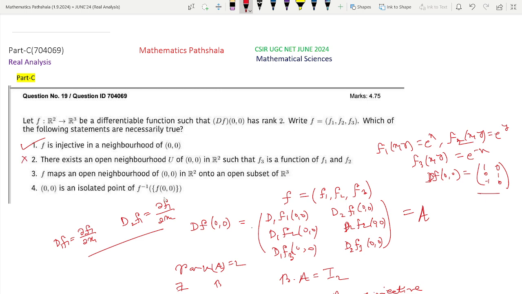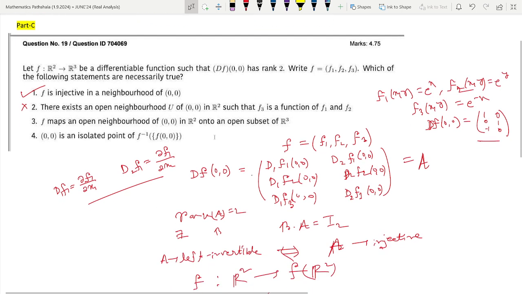Now look at option 3. F maps an open neighborhood of (0,0) in R2 onto an open subset of R3.